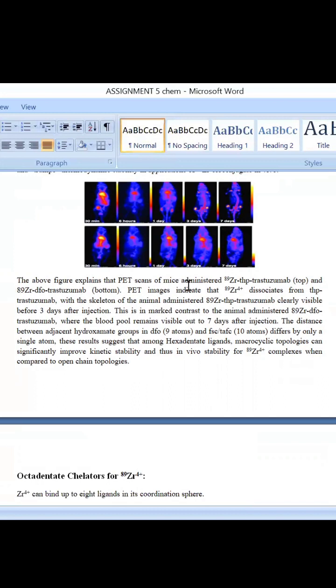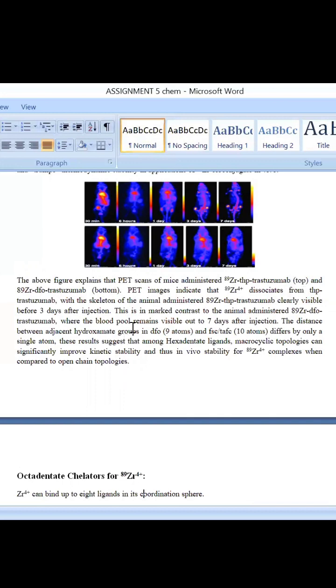The above figure shows a PET scan of mice administered zirconium-89 THP trastuzumab on top and zirconium-89 DFO trastuzumab on the bottom. PET images indicate that zirconium-4 dissociates from THP trastuzumab into the skeleton of the animal. Administered zirconium-89 THP trastuzumab is barely visible 3 days after injection.